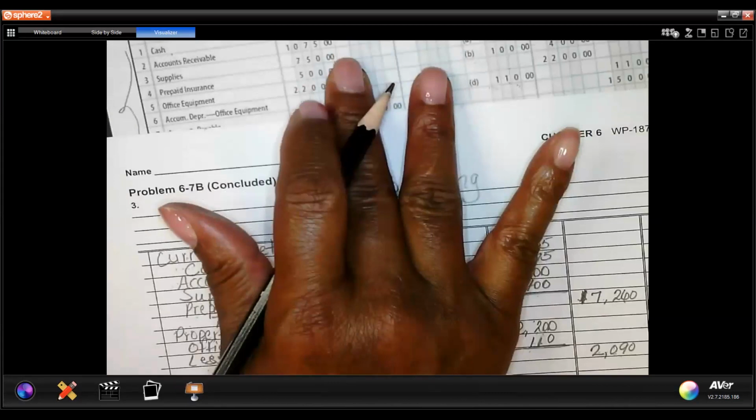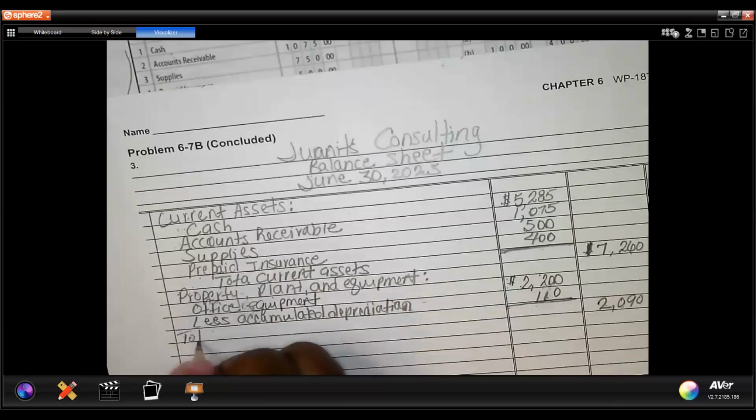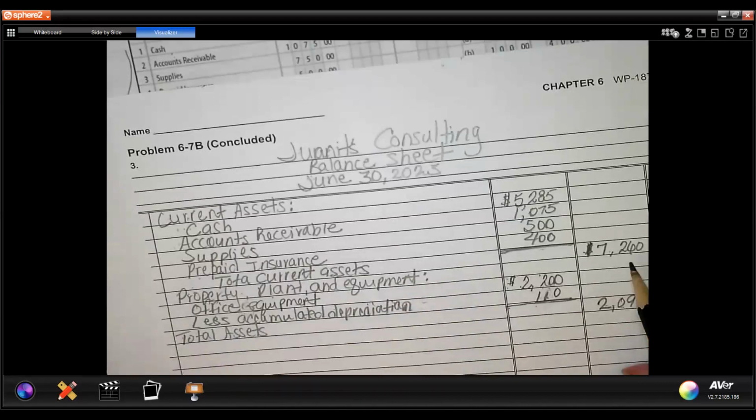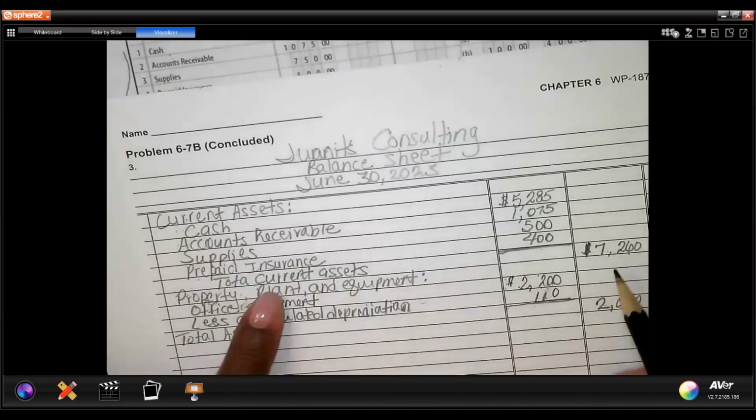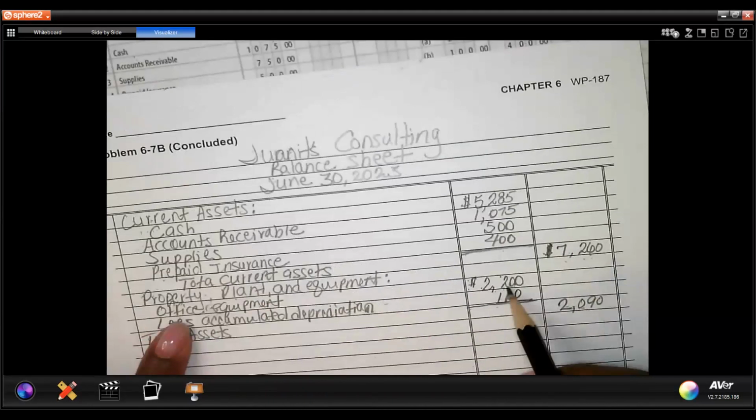Okay, so our asset accounts, we are going to now total up our total assets. Remember, we had our current assets total $7,260, as you can see here. So here we had listed our office equipment that we purchased, less any accumulated depreciation.